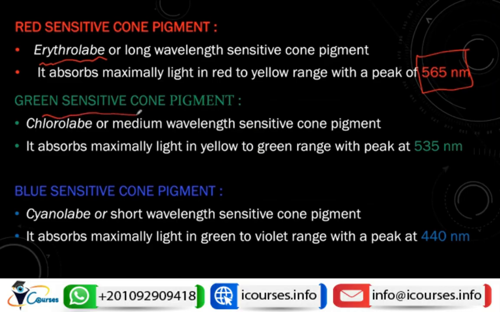The green sensitive cones have the chlorolabe visual pigment, which responds to light of medium wavelength and responds maximally at the wavelength of 535 nanometers. Finally, we have the blue sensitive cones, which have the cyanolabe visual pigment, which responds to shorter wavelength, and responds maximally at 440 nanometers.